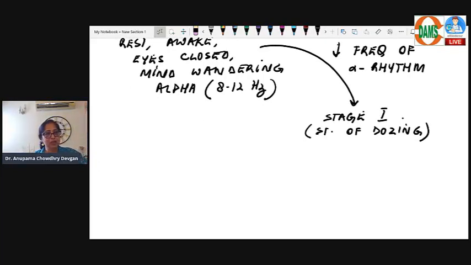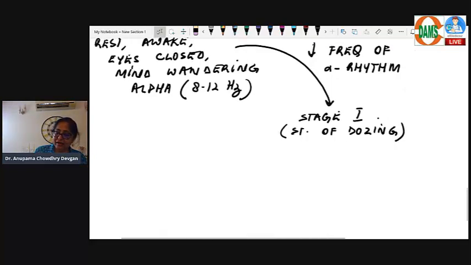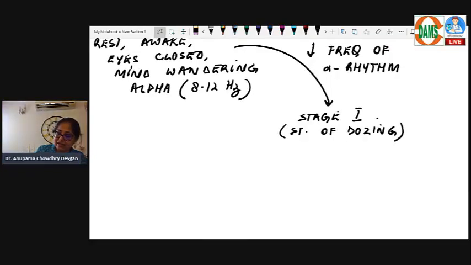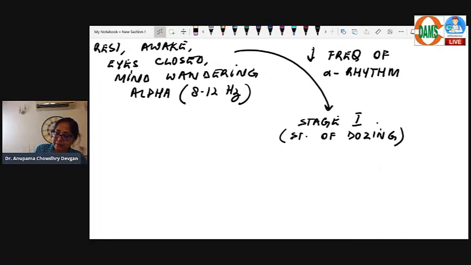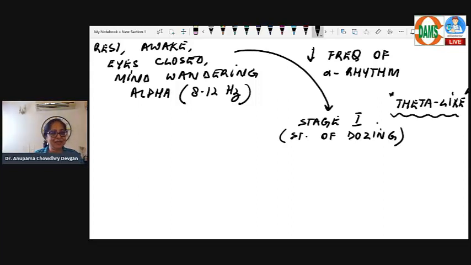Now, the waves which have a frequency lower than alpha is theta. So we say in stage 1 of NREM sleep, we get a theta-like activity. Why theta-like activity?